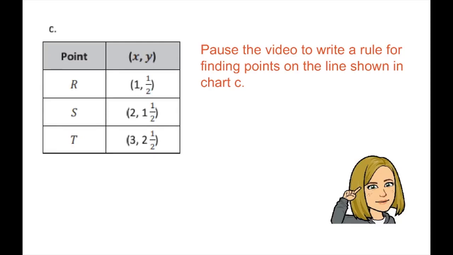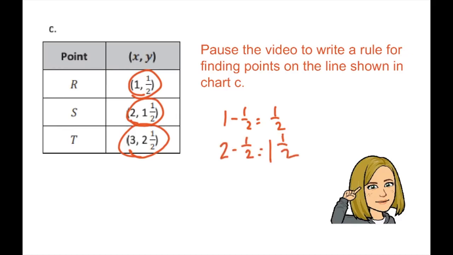Amazing job, scholars. Now let's look at the relationship between these X and Y coordinates to determine what rule we found. I have 1 and 1/2, 2 and 1.5, and 3 and 2.5. Using my knowledge of adding and subtracting fractions, I notice that the common pattern is that y is x minus 1/2. Let's test that theory. 1 minus 1/2 equals 1/2. True? Yes. 2 minus 1/2 equals 1 and 1/2.